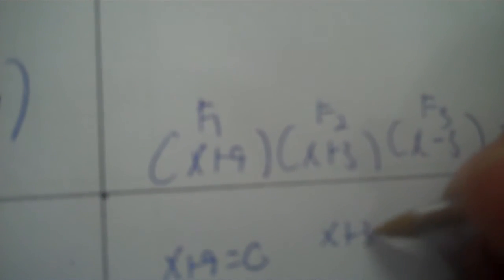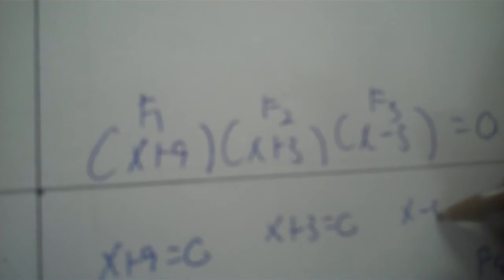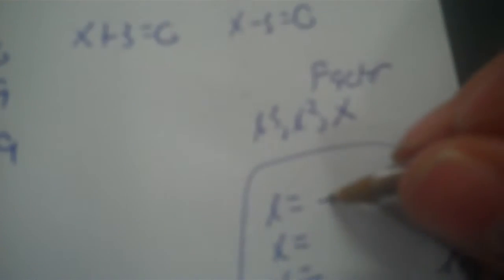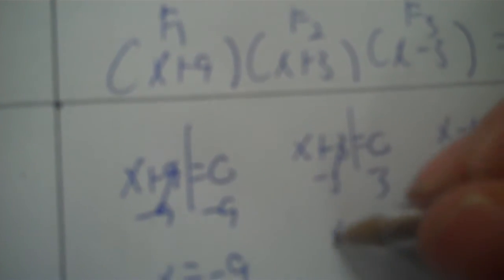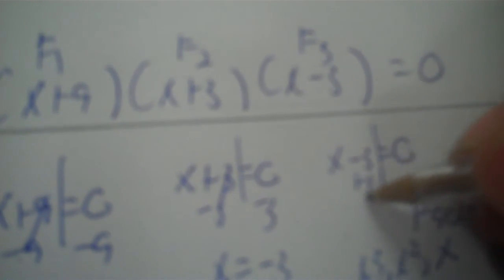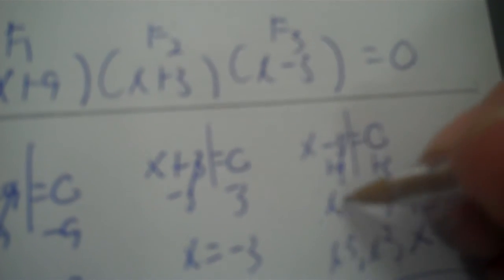F1, F2, F3. So minus 9, you get -9. Minus 3, you get negative 3, plus 3, and that's 3. So those are your three solutions.